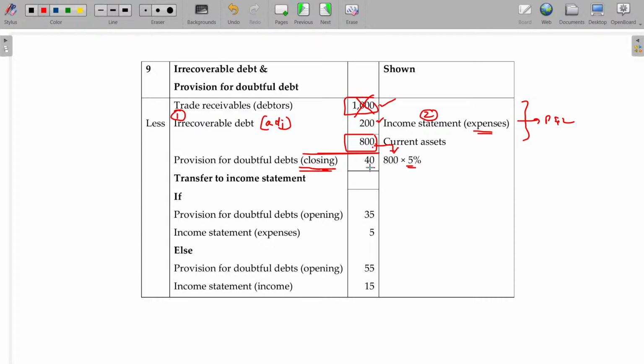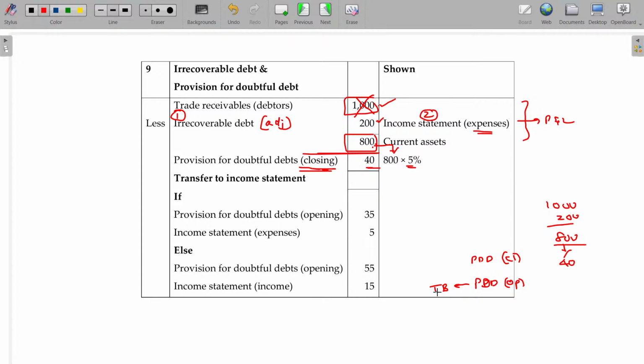After adjusting, whatever the final value, the 5% is calculated on that, and that is called provision for doubtful debts closing. Now this closing value is compared: so 1000 rupees, 200 rupees is irrecoverable debt, leaving 800 rupees. Now I have to create the PDD closing, being 40 rupees. But last year also we may have created a PDD, no? The previous year's PDD is named opening PDD, and it is given in the trial balance.